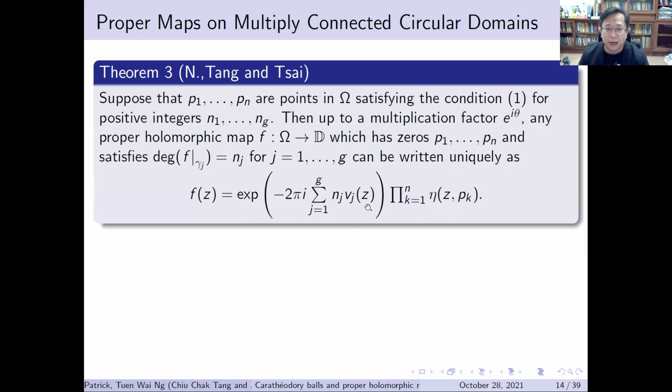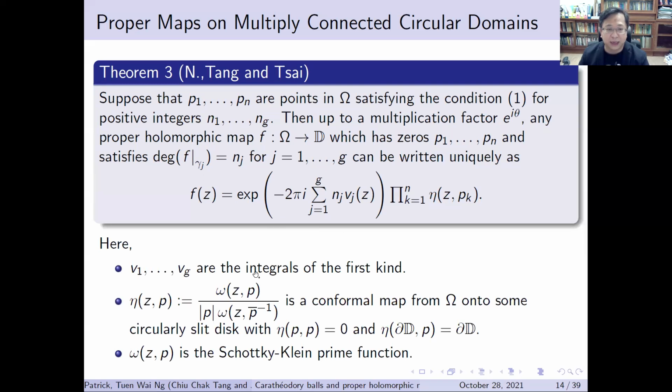First of all, let me explain this Vj(z) here. They are called integrals of the first kind, to be defined later. And eta_p from now on would be denoted as the conformal map from omega onto a circularly slit domain, which sends p to 0.